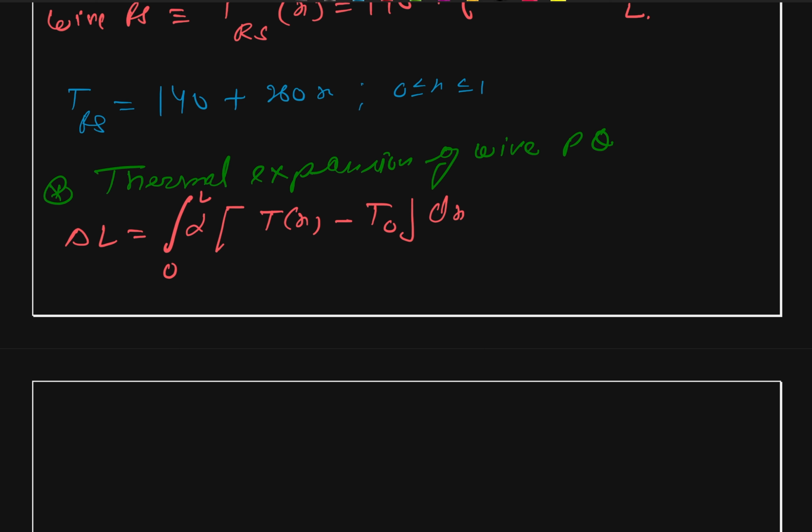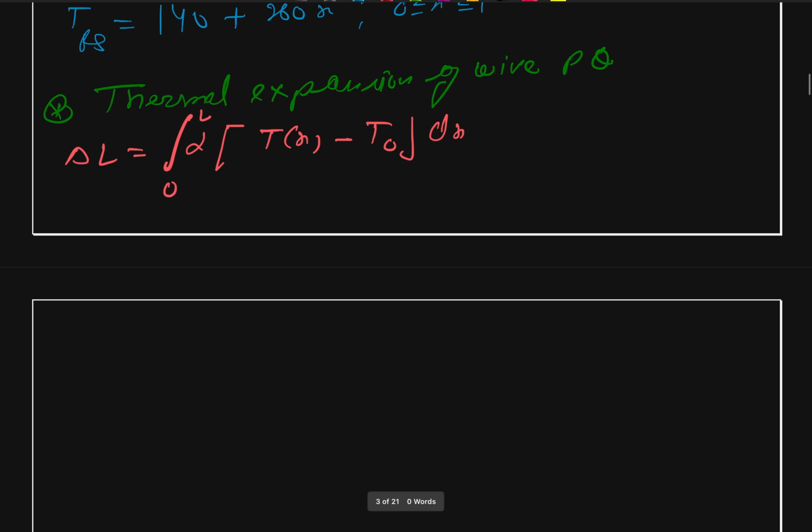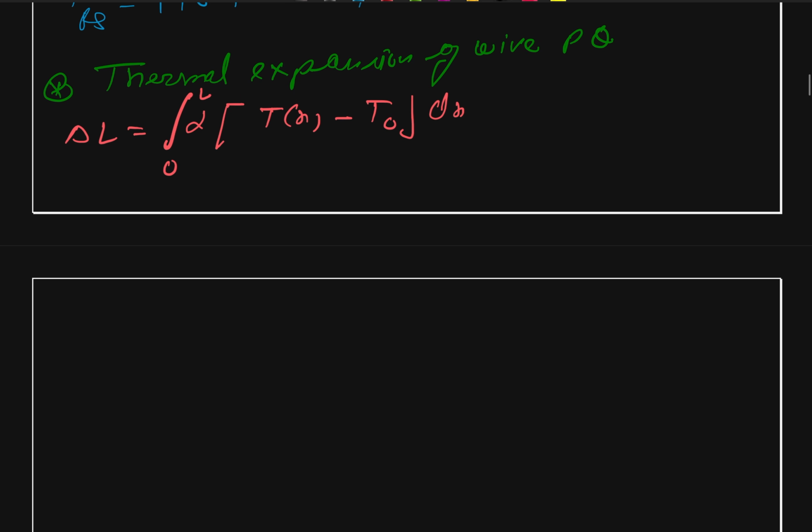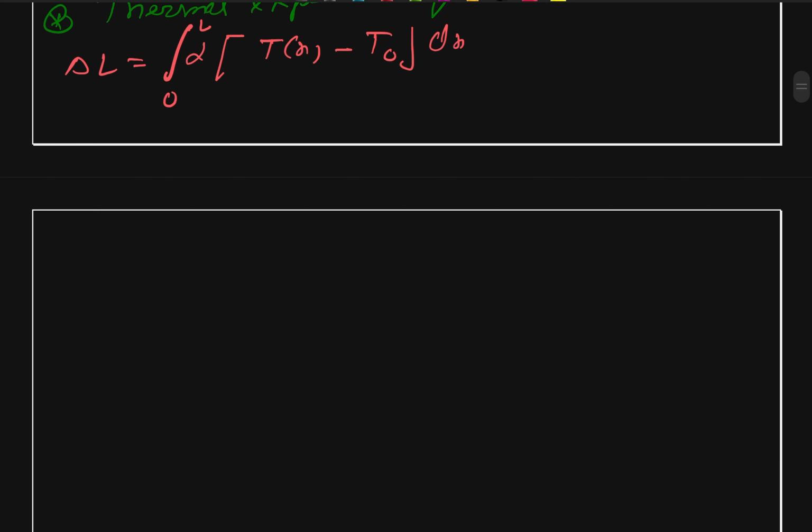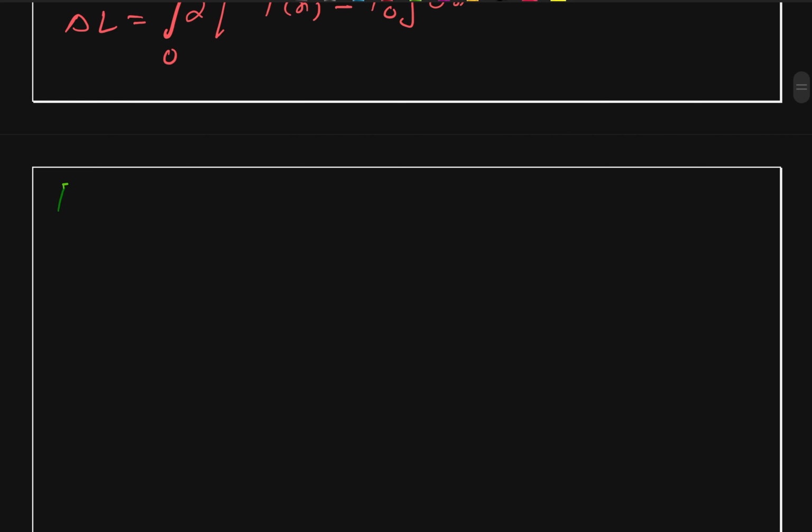Here alpha is given, and T naught is the initial temperature, so we are going to solve it for PQ, where T of PQ of x is equal to 10 plus 130 times x.